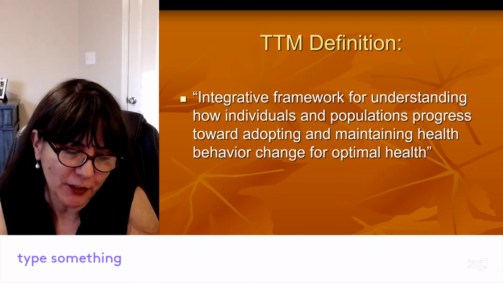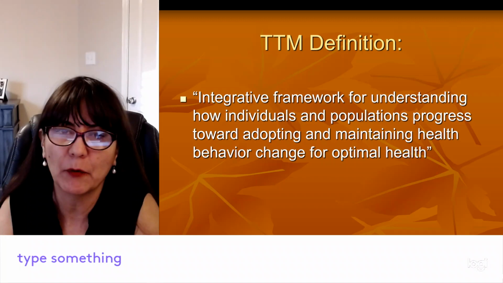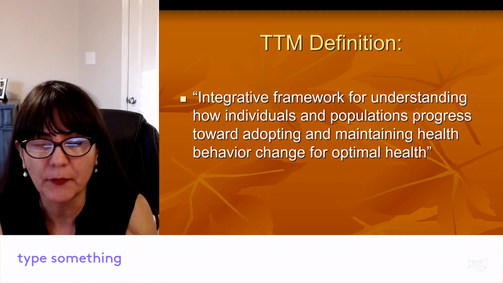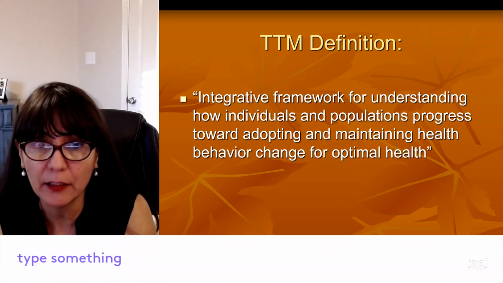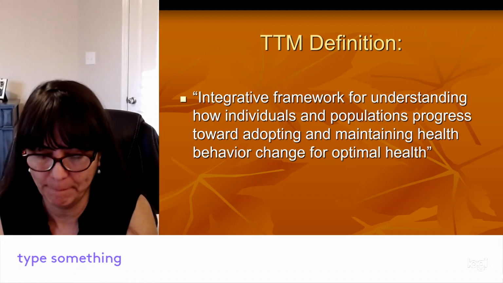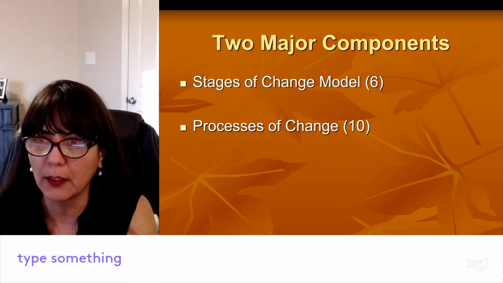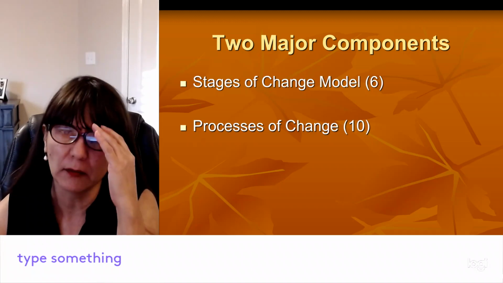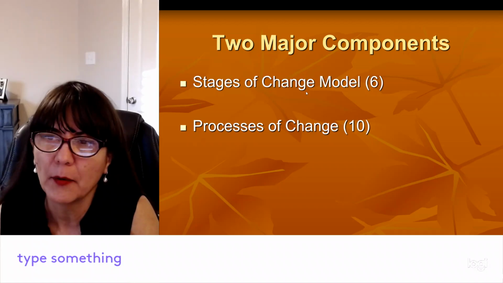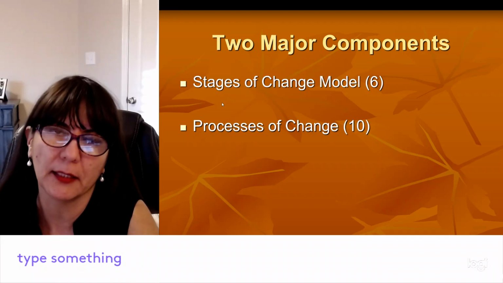Okay, so the definition of the trans-theoretical model is an integrative framework for understanding how individuals and populations progress toward adopting and actually maintaining health behaviors in order to promote optimal health. The trans-theoretical model includes two major components, but actually more than what we list here, and we'll talk about this in a little bit, or maybe in the next lecture.